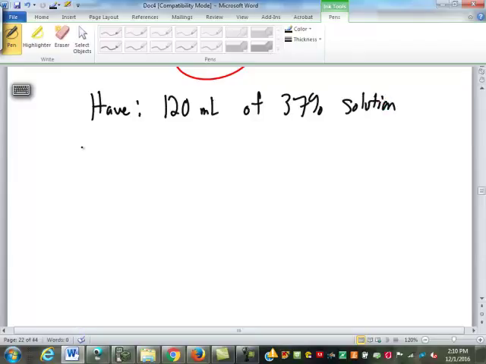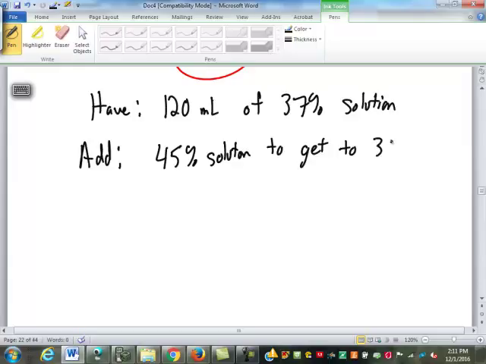We're going to add 45% solution to get the concentration to 39%. How much do we need to add? I'm asking how much to add.